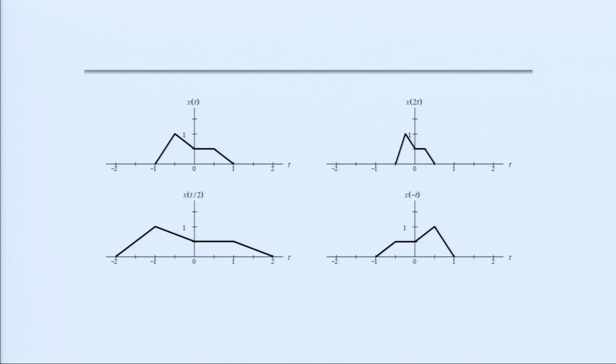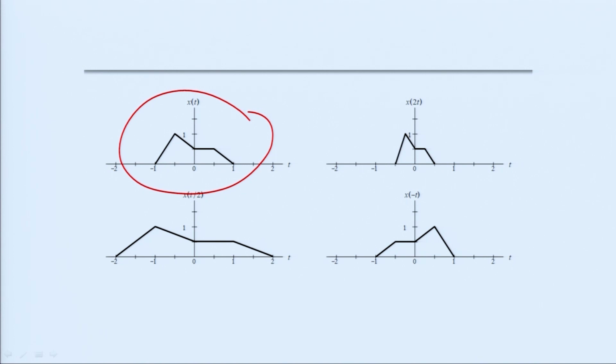Now, since you have seen what is time scaling, what is time speeding up and what is time reversal, suppose we take the example of different signals. Suppose this is one signal. If I ask you to draw this signal, you can draw it using some basic elementary signals.